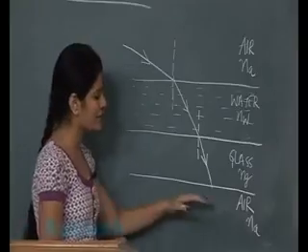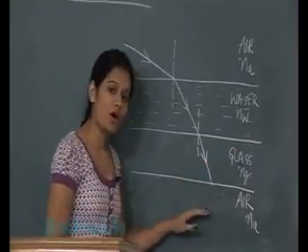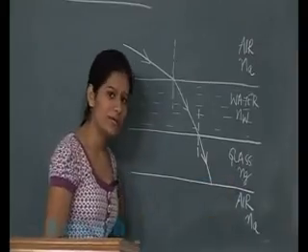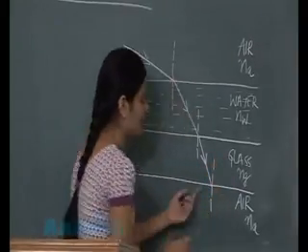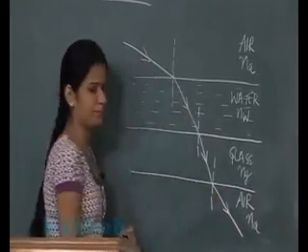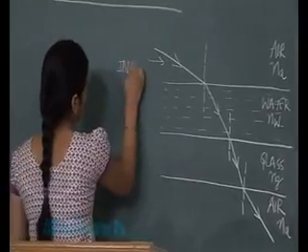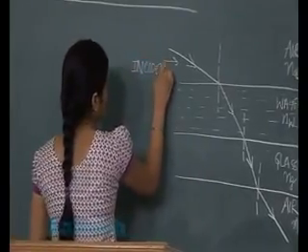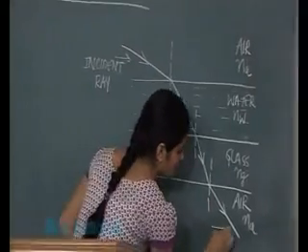Now student, at this boundary, light ray is going from glass to air, or from denser to rarer medium. Therefore, it will bend away from the normal. At this point of incidence, it will bend away from the normal. This is the incident ray. And this is the emergent ray.